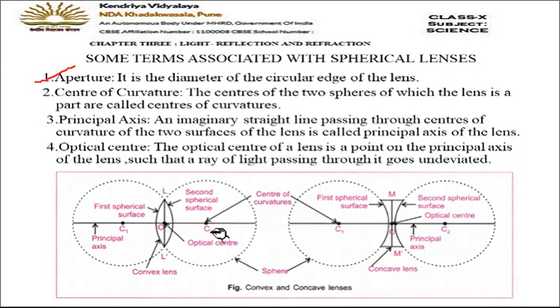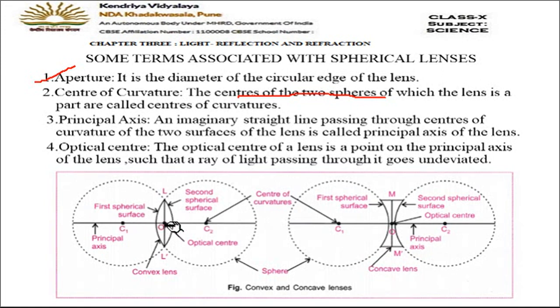Now the second definition is center of curvature. You all know very well that the center of the sphere is known as the center of curvature. A lens has two centers of curvature. Remember children, a mirror has only one center of curvature, but a lens has two because a lens has two surfaces and both surfaces are part of two spheres.